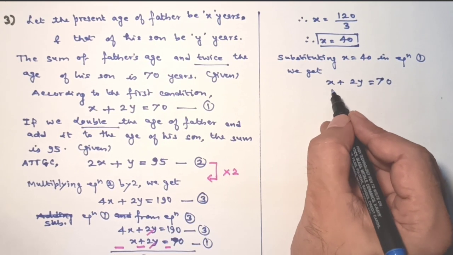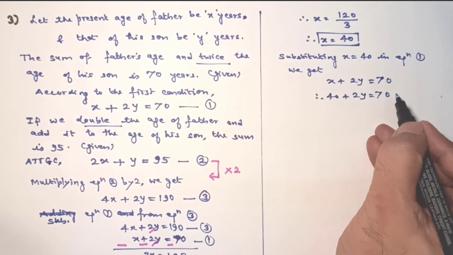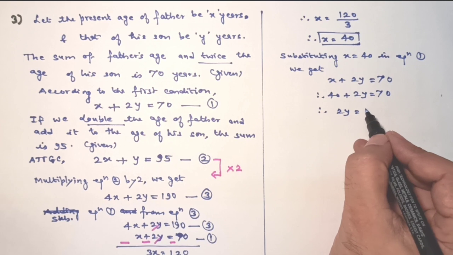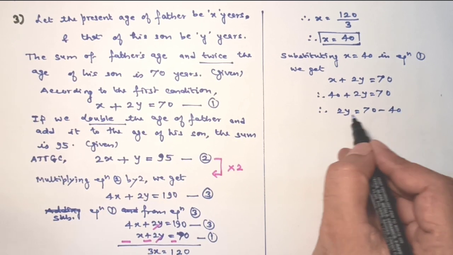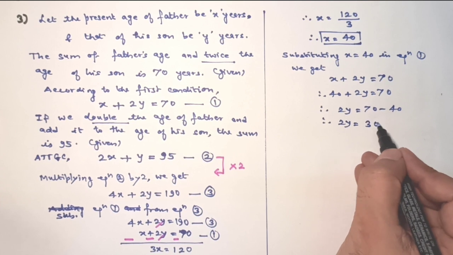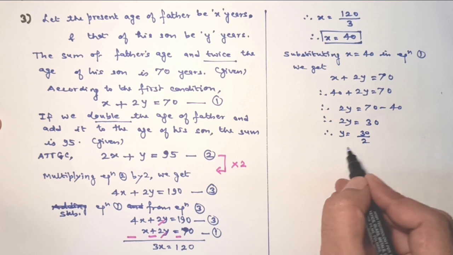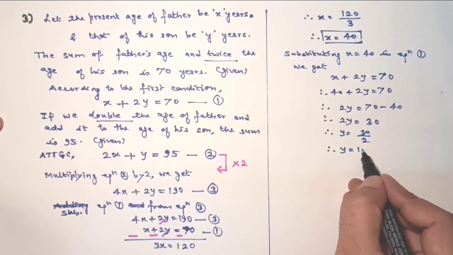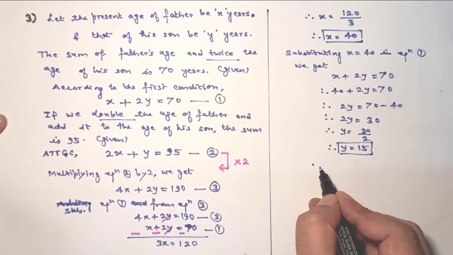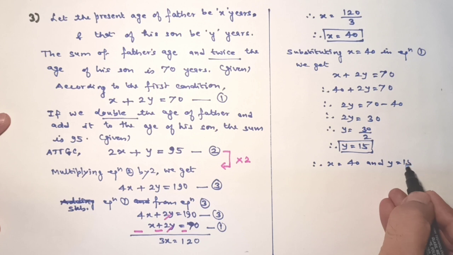Put value of x, which is 40, plus 2y is equal to 70. Therefore 2y is equal to 70 minus 40. Therefore 2y is equal to 30. Therefore y is equal to 30 upon 2. Therefore y is equal to 15. Thus you got x is equal to 40 and y is equal to 15.